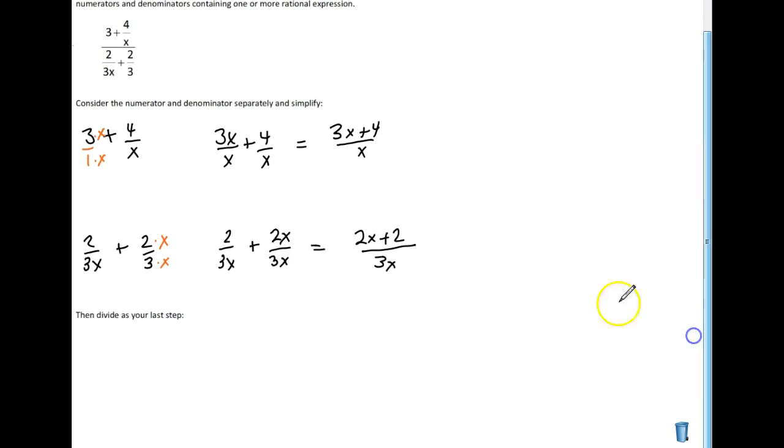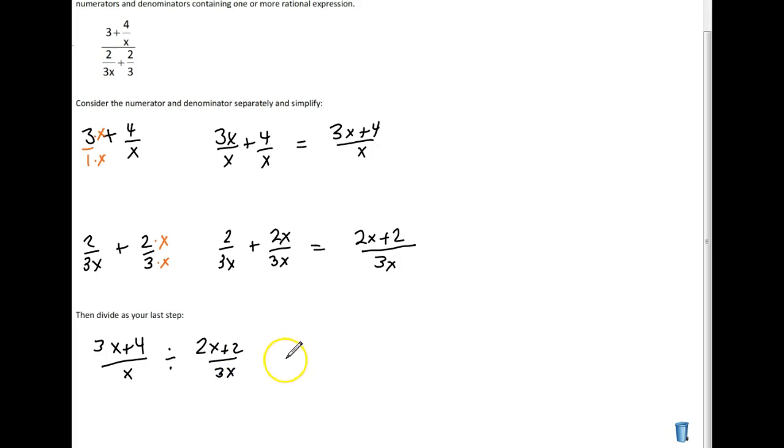Then, once I have simplified the numerator and the denominator separately, I bring them back together and I divide. So my numerator is always first, so I have 3x plus 4 divided by x, and I am dividing that by 2x plus 2 over 3x.